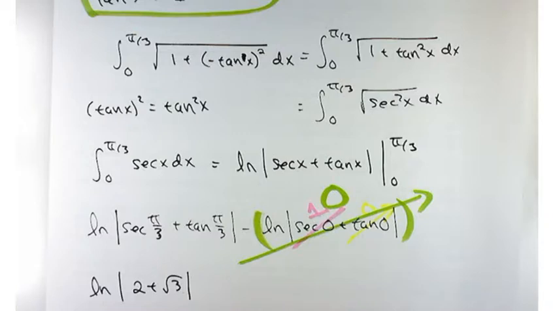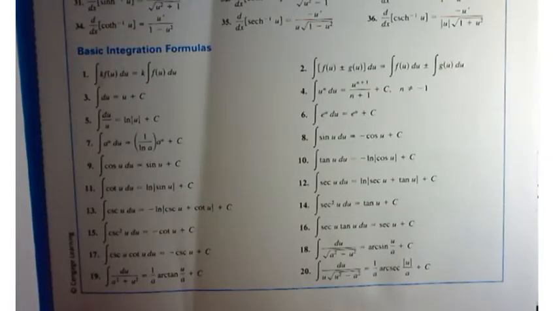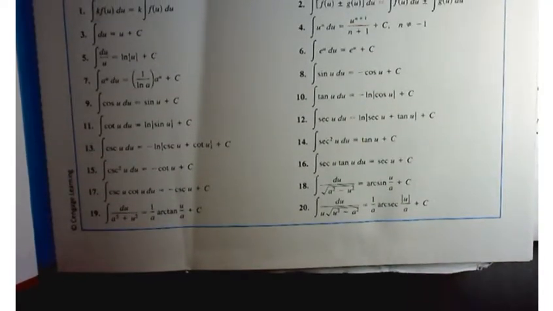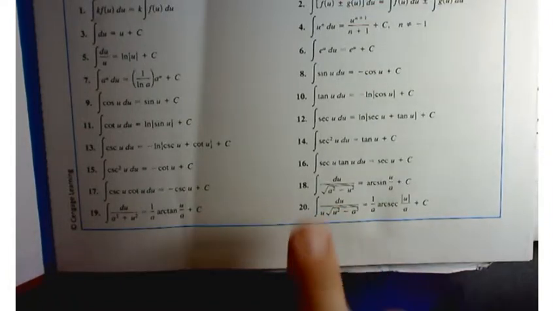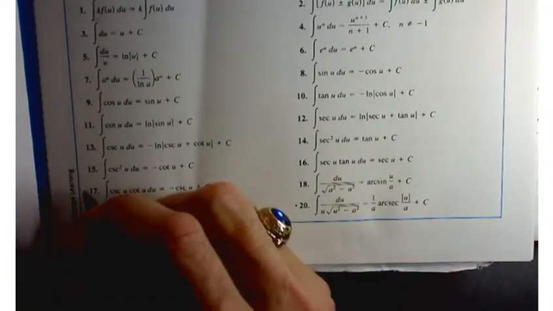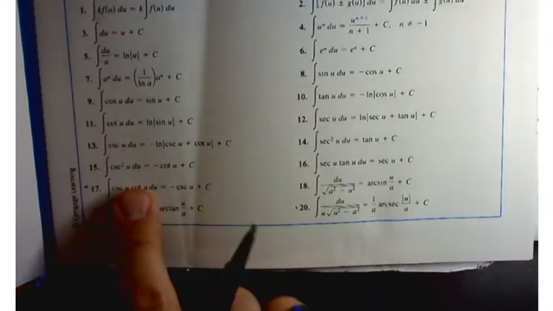But there's a good list of your basic integration formulas on the inside cover of your book, so you might want to refresh yourself there. The only one I don't really see myself using is number 20. 17, I don't typically deal with this one. 15, again, cosecant.